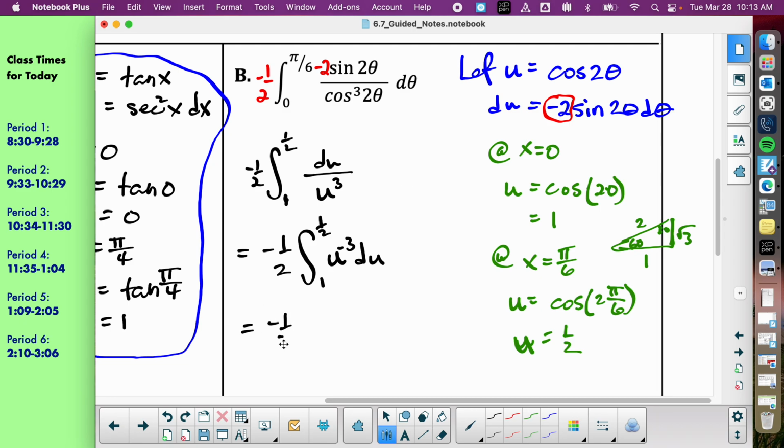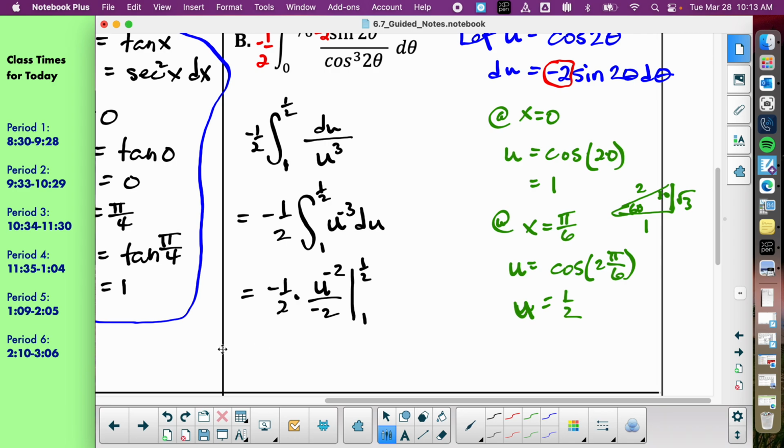So I've got negative 1/2 times u to the negative 2 divided by negative 2 from 1 to 1/2. And instead of simplifying, I'm just going to plug in stuff and go. Negative 1/4 times 1/2 to the negative 2 power is like 2 over 1 squared. One more time?